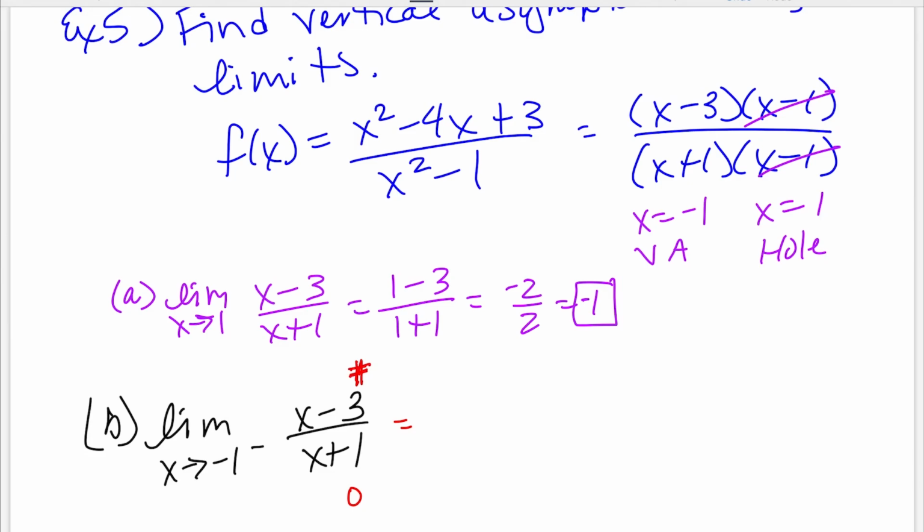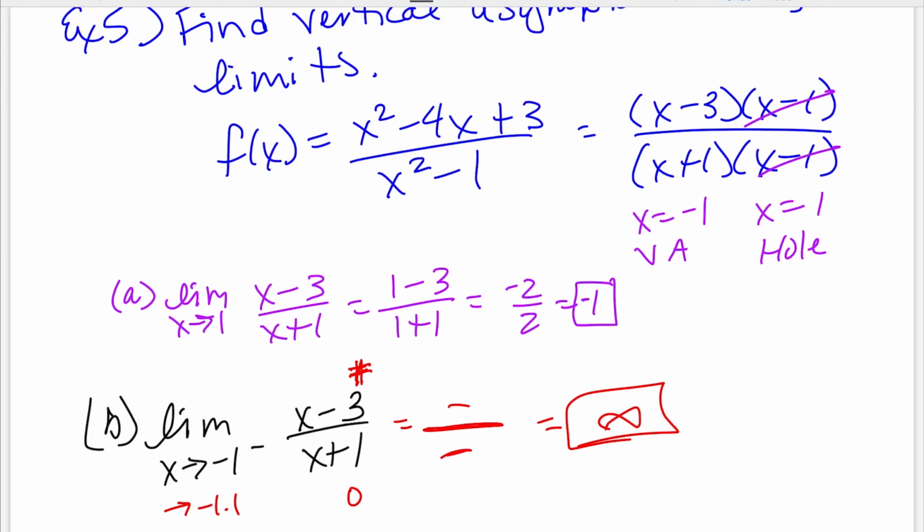That's a number sign. -1 minus 3, so a negative subtracting off more is going to give me that negative. -1 from the left, right? So if I'm coming from the left of -1, that's going to be like a -1.1. It's going to be a bigger number because I'm talking negatives. And that's going to be a negative in the denominator. Good job. You see that? So if I plug this in, that's going to keep me with the negative. So a negative divided by a negative is where I get that positive infinity.